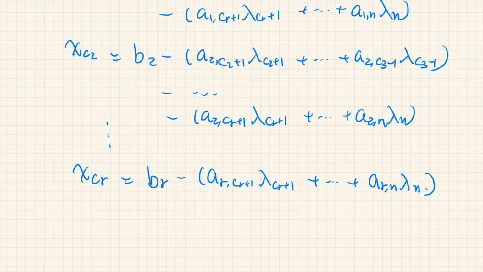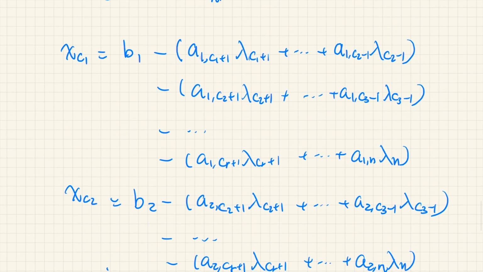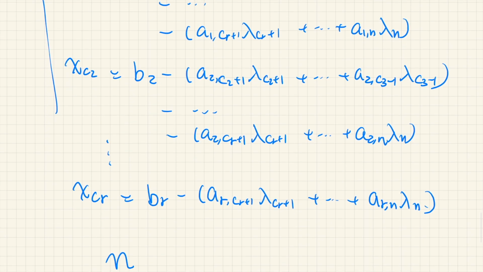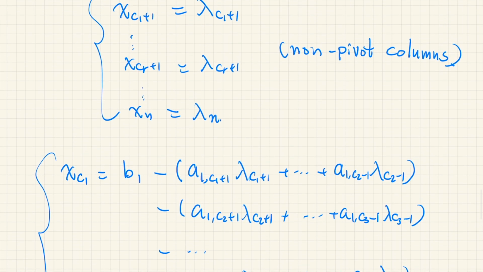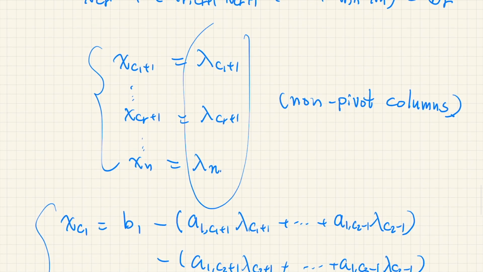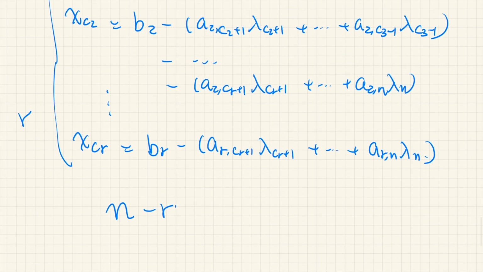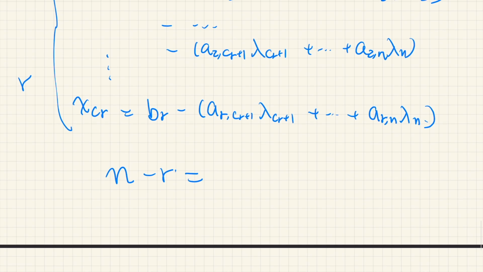Here, the number of variables is n. We have n unknowns, and we have these r equations. So the number of free parameters is n minus r, because the remaining variables are just arbitrary constants. This r is actually the rank of the matrix.